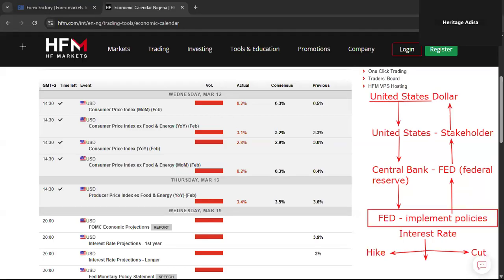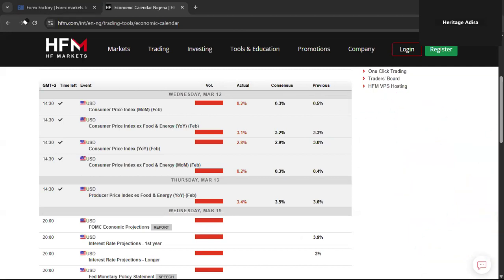And if you're wondering why the adjustment of the interest rate is so important to us in the market when it comes to currency valuation, the thing is this. When the central bank decides to hike interest rates, this is seen as being aggressive. Why? Because increasing interest rates means increasing the cost of borrowing, which means firms and corporations who might need to get money from the banks to expand their business might not be able to do that.